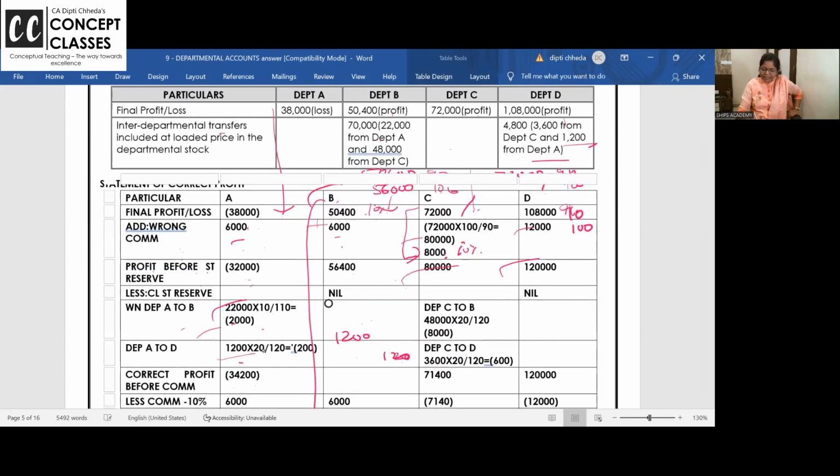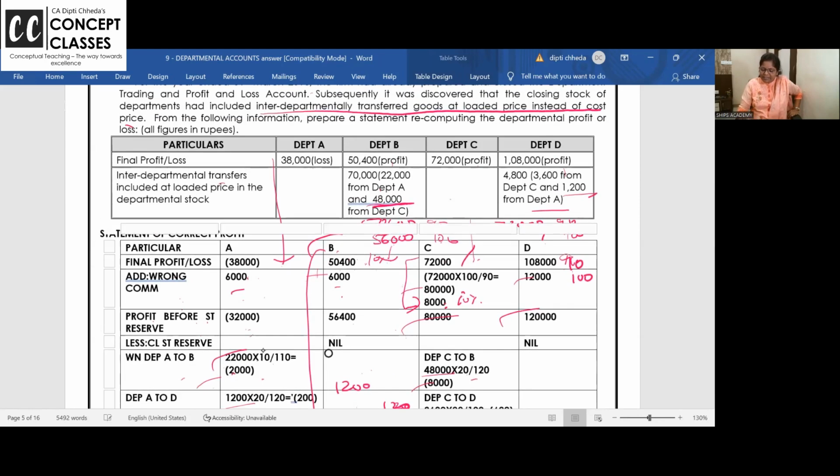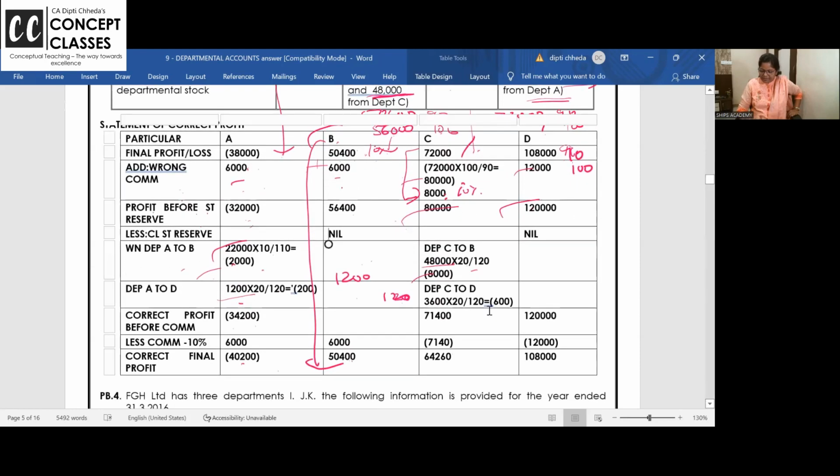Department C has sent the goods to B, 48,000 here. And in that the loading is 20 by 120. And Department C has sent to Department D 3,600. Yes, we are just orally discussing. If you check the figures and do it, you will definitely get it correct.